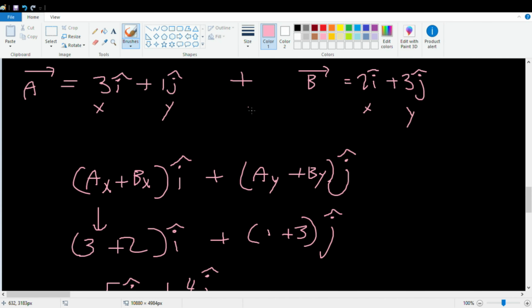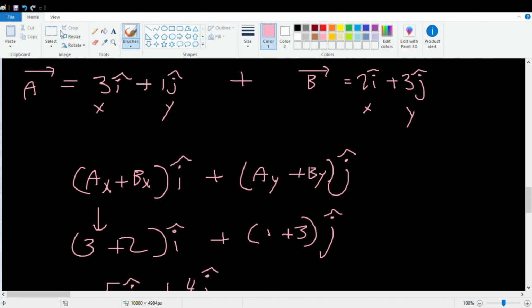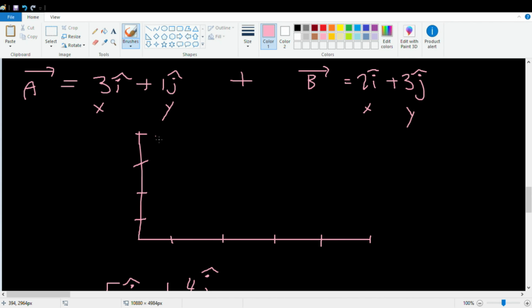So, let's try and draw it out. I'm going to erase this right here. So, let's draw it. A is 3i plus 1j. So, 1, 2, 3, 1j. So, right there. And now we have B, which is 2i plus 3j. So 1, 2, and then 1, 2, 3. It's going to be right there.